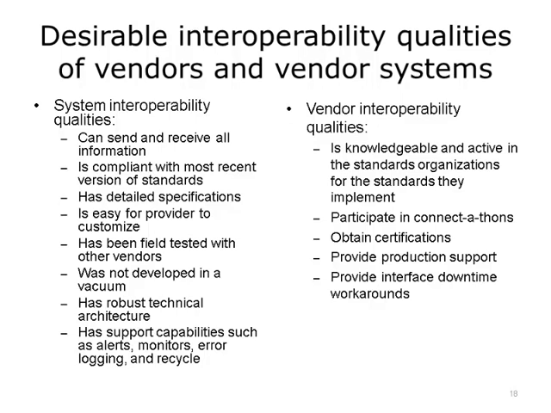Vendors that develop robust interoperability solutions often have these qualities: is knowledgeable and active in the standards organizations for the standards they implement, participate in connectathons, obtain certifications, provide production support, and provide interface downtime workarounds.